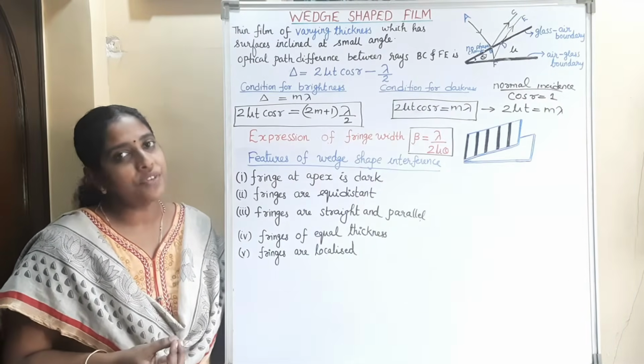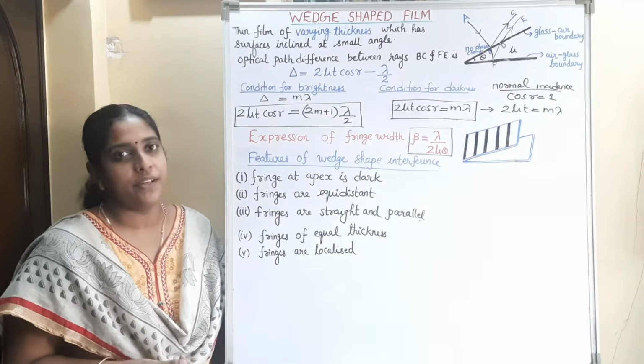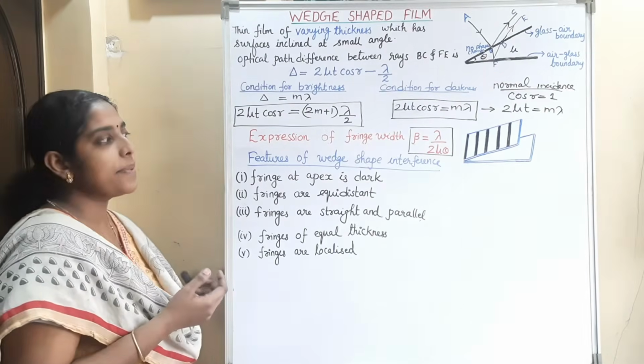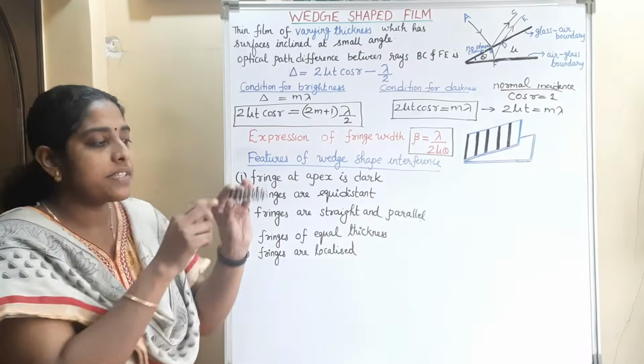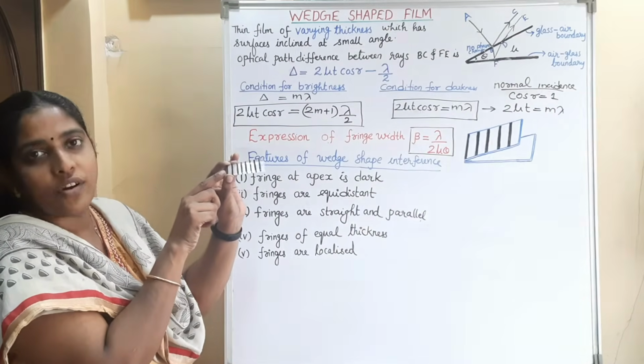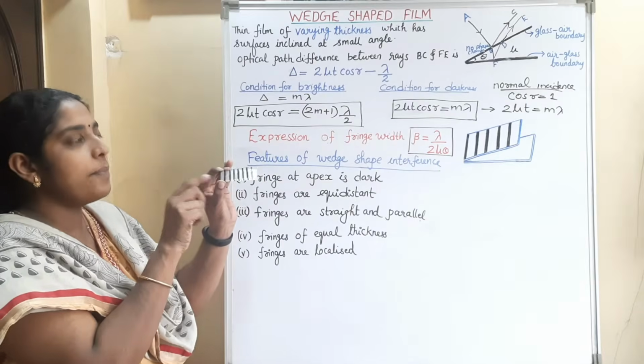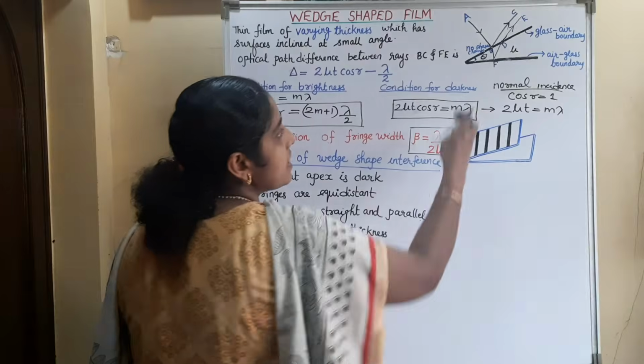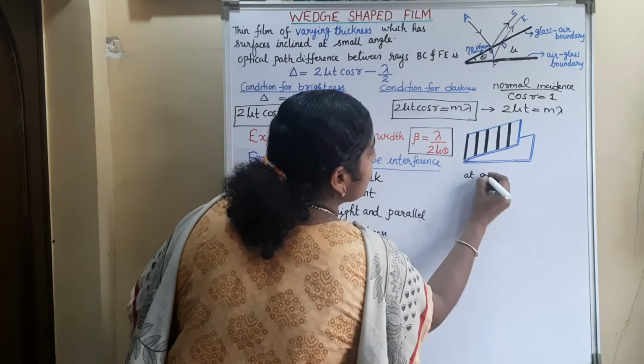Now we can see what the features of this wedge-shaped interference are. The first one is that the fringe at the apex is dark. Apex means the point at which both the glass plates are in contact with each other. At that point, the thickness of the air film is equal to 0.